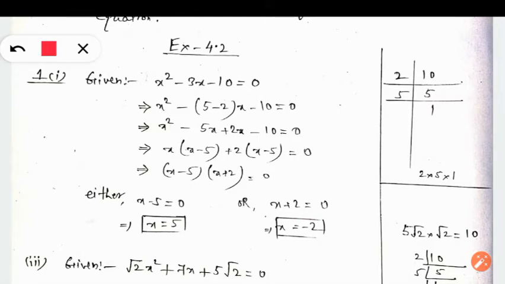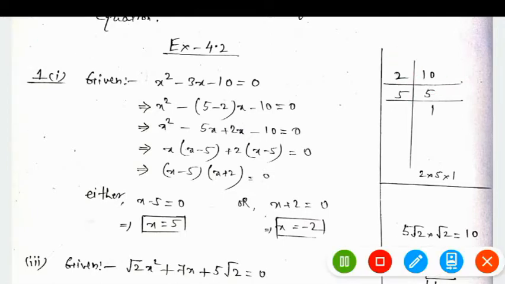Now after getting the product, which is 10 here, let's break 10 into its factors. What will be the factors of 10? 2 times 5, and 5 ones are 5.